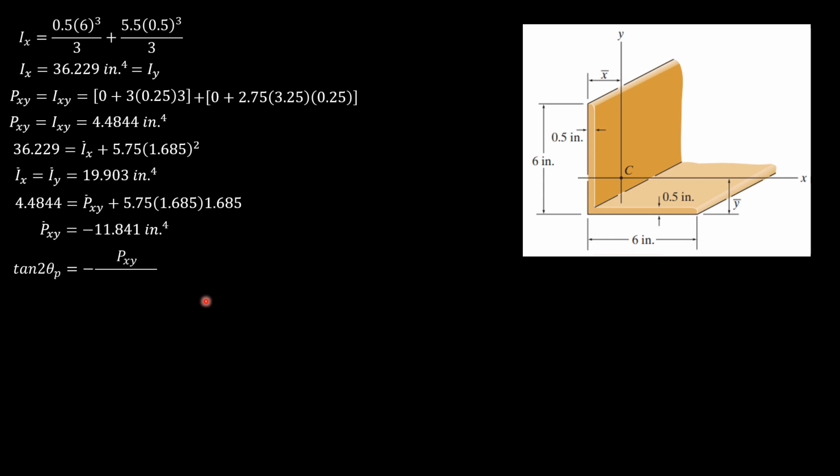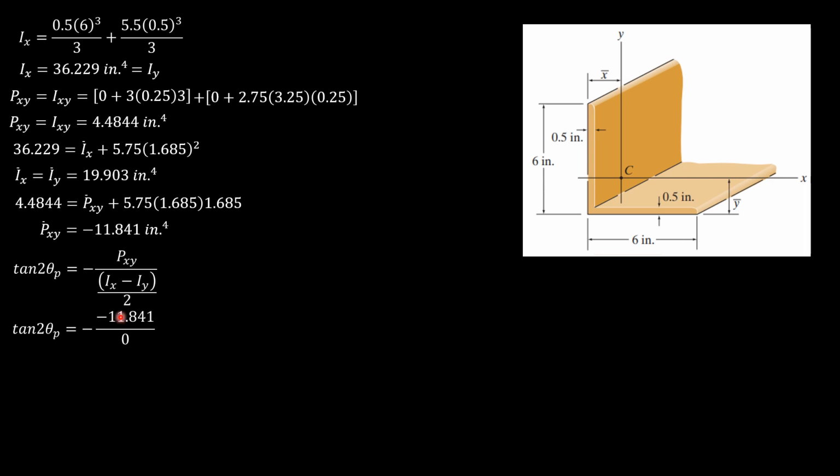Tangent of 2 theta p is equal to negative 2Pxy over Ix minus Iy. Remember the formula we derived in the preceding slide. So everything has a value. So tangent of 2 theta p, p means principal axis, is negative 11.841 over 0.